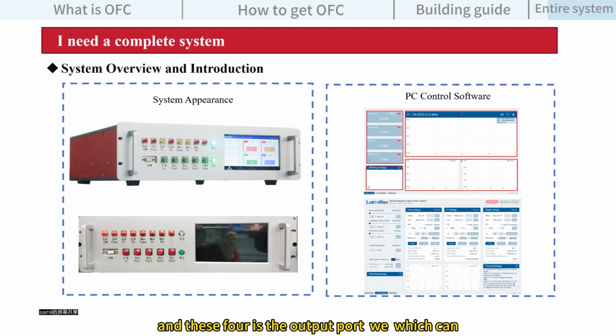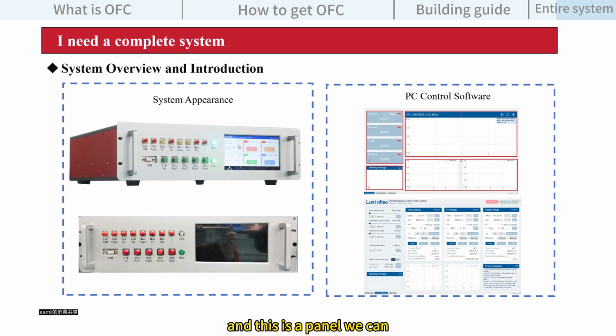And this four is the output port, which can give you an individual output pulse. The average power is above 10 milliwatts, and this one is to put the ultra stable laser in to lock the optical frequency comb to the ultra stable laser.